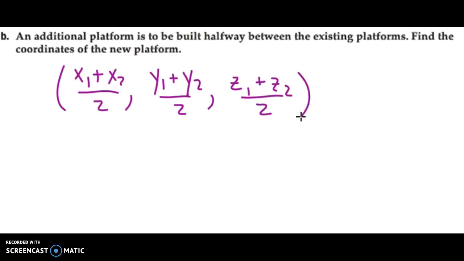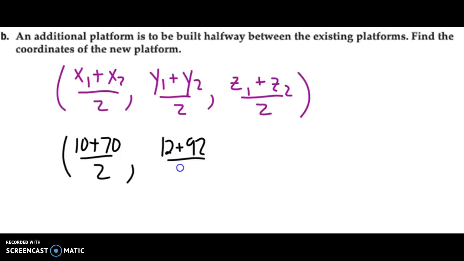So we'll just put in our points again from our original ordered triple. 10 plus 70 divided by 2, 12 plus 92 divided by 2, and 50 plus 30 divided by 2.